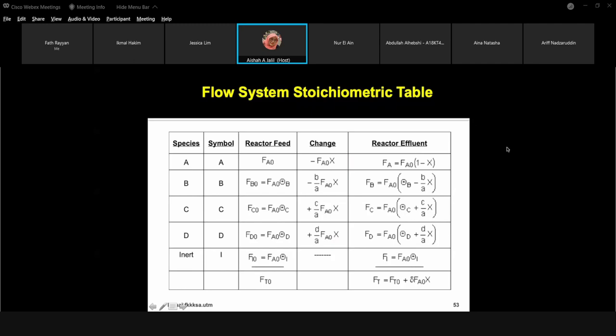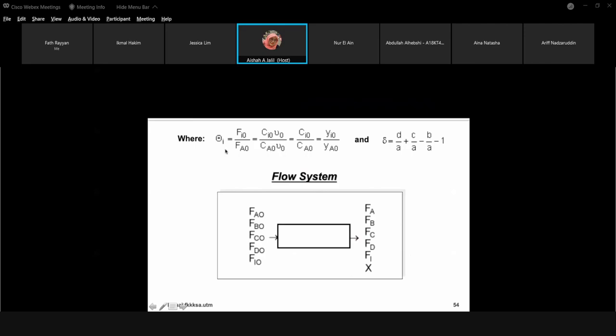And then the other one here is the concentration. You can see we just change the N to F. The other is the same. You agree with me? Just change the N to F. And then for theta, for the flow system, you can calculate the bottom one, all about A, the limiting reactant, from the molar flow rate. For example, theta B equals FB naught over FA naught.